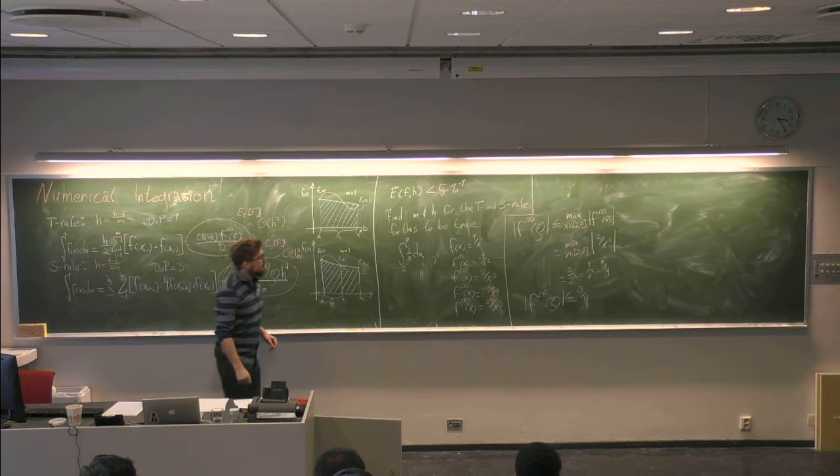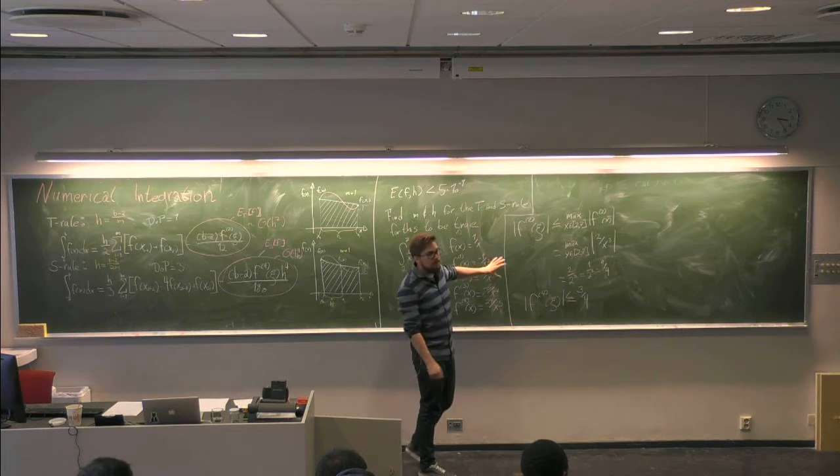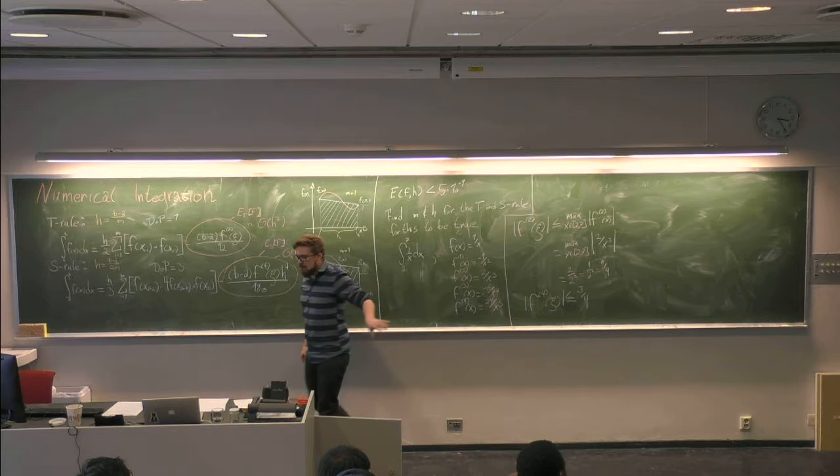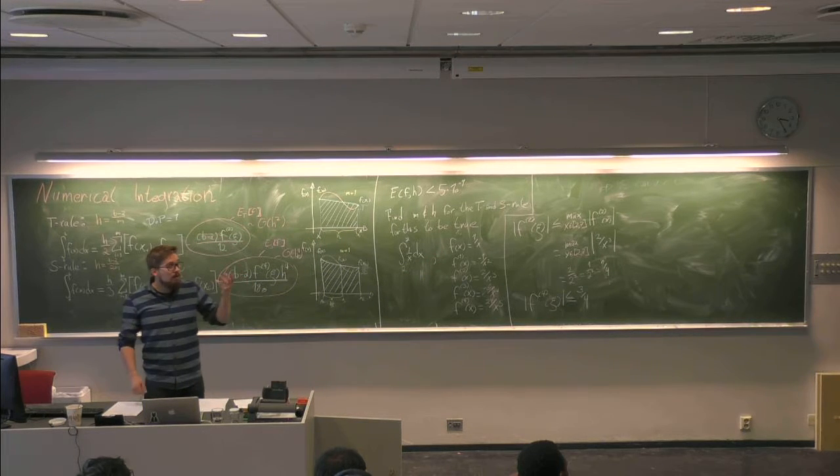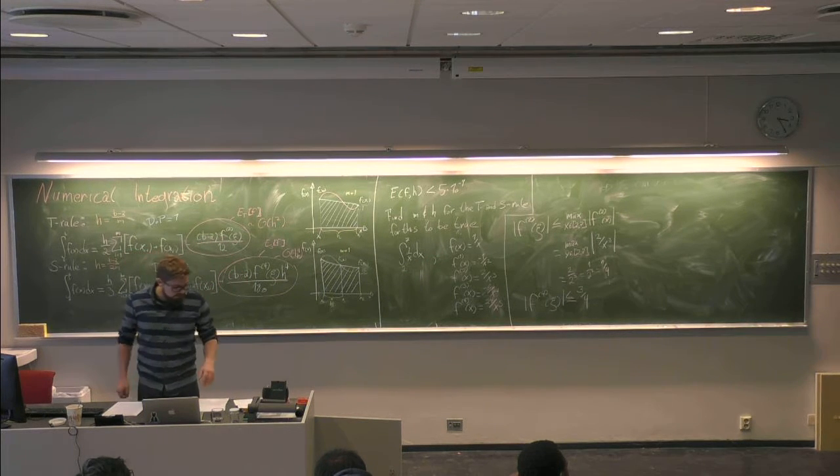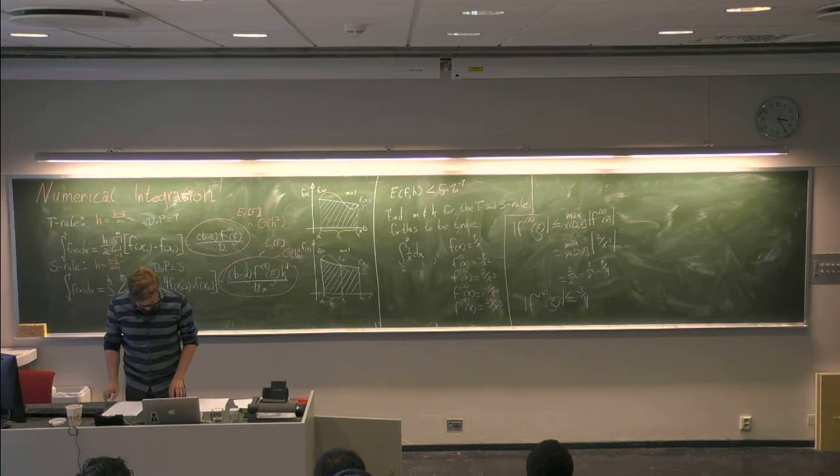In a similar fashion, we just pick the worst possible number such that we get an upper bound of our error.